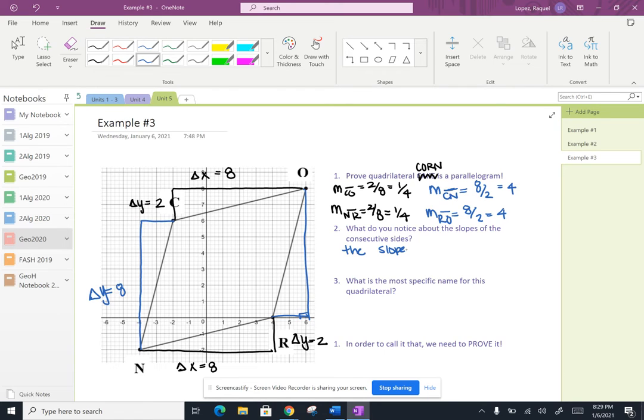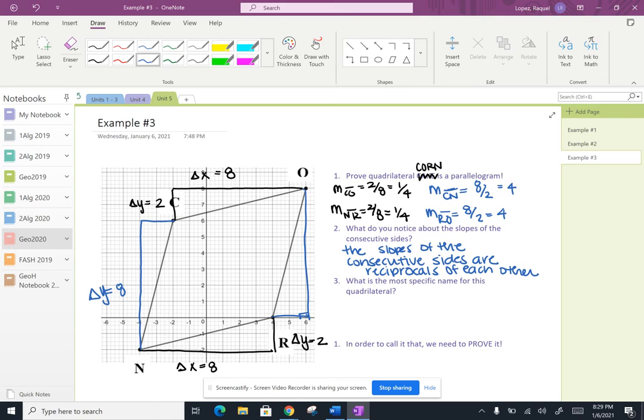The slopes of the consecutive sides are reciprocals of each other, which means they're just flipped. Okay.